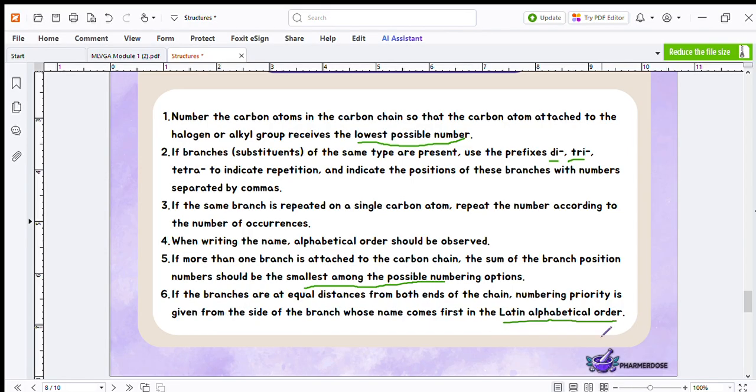So, pag meron po tayong halimbawa lang, magbigay lang tayo ng example. For halimbawa, mayroon tayong carbons dito. So, ito ay 1, 2, 3. Idagdag pa natin. Then, ito ay 4, 5. So, lima po ang carbon natin. Then, sabi nga, equal distances.